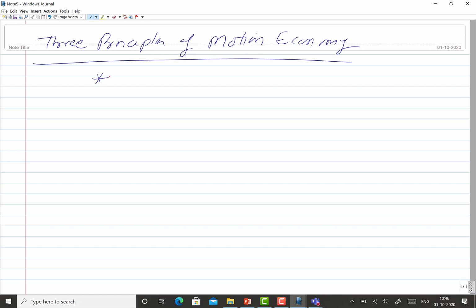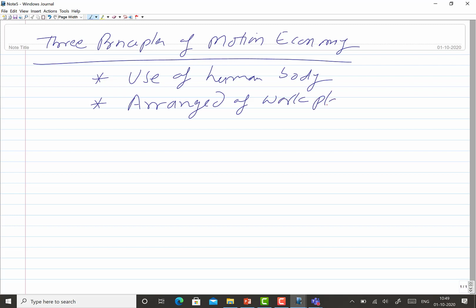One is the use of the human body. How should a work be designed so that the human body is used in the most effective manner without causing much fatigue? The second is the arrangement of the workplace. How should the workplace be arranged so that the efforts to do the job are minimized?